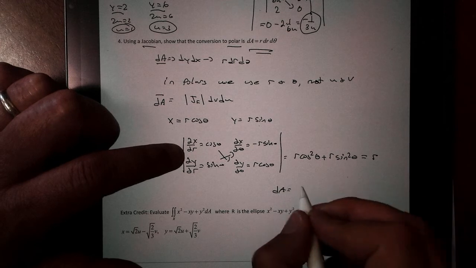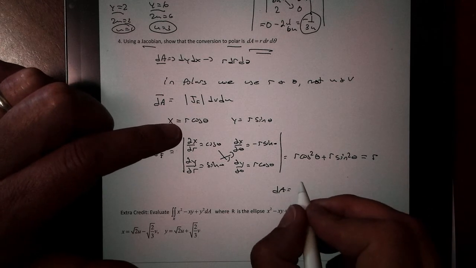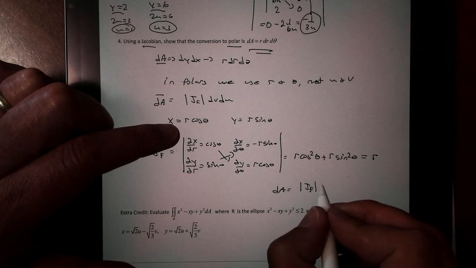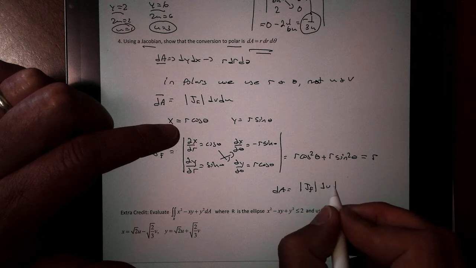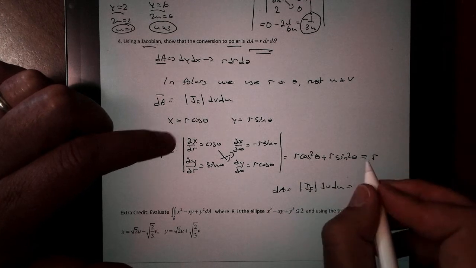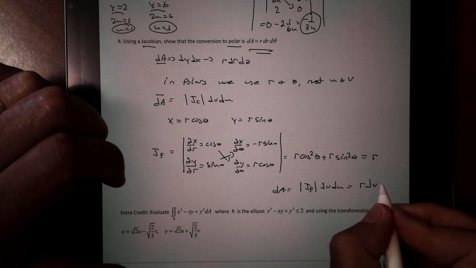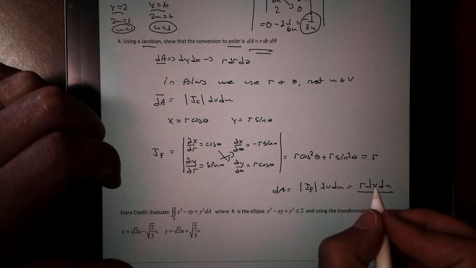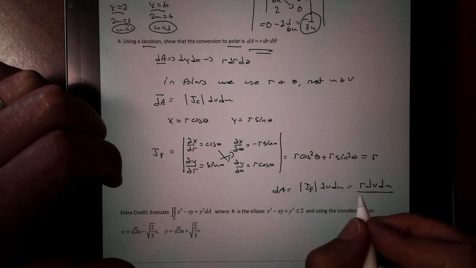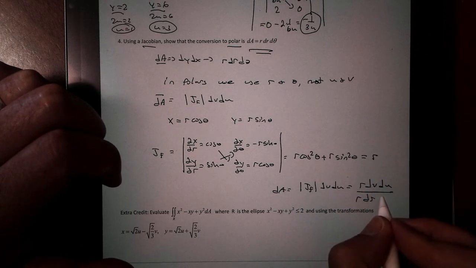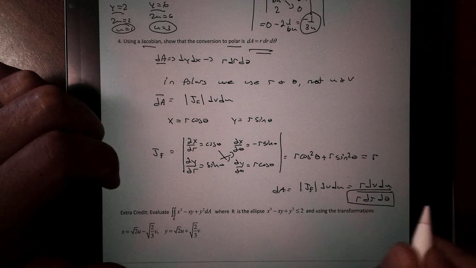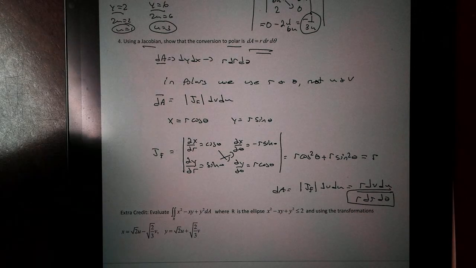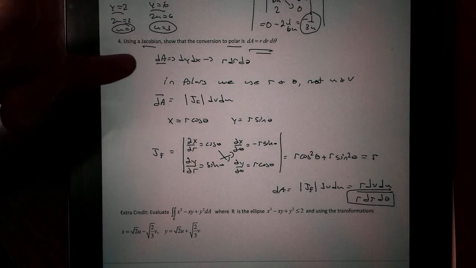Well, my Jacobian times dv du, which we just said is r dv du. And of course we're not using v's and u's. Remember, we're using r and theta. So we've proven that our polar substitution is also a Jacobian substitution.